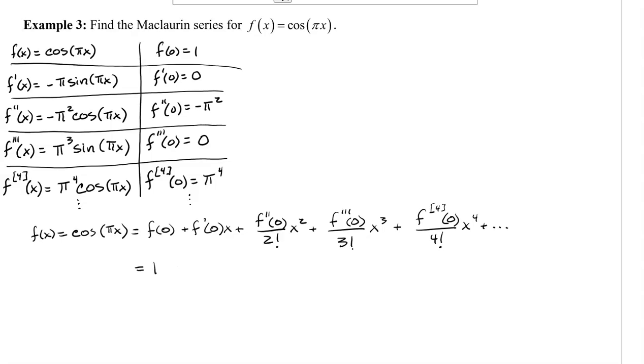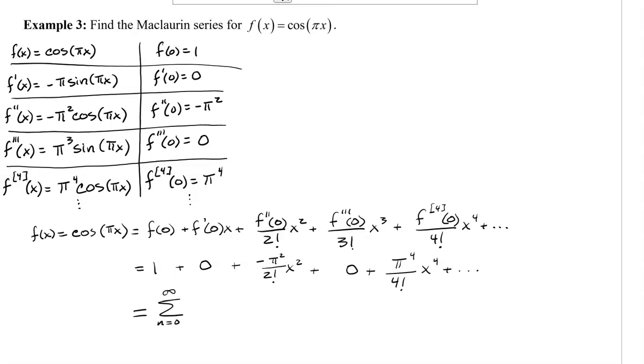That will give us 1 plus 0 plus negative pi squared over 2 factorial x squared plus 0 again plus pi to the fourth, 4 factorial in the bottom, x to the fourth, like that. Here we notice that we only have even indexed terms.